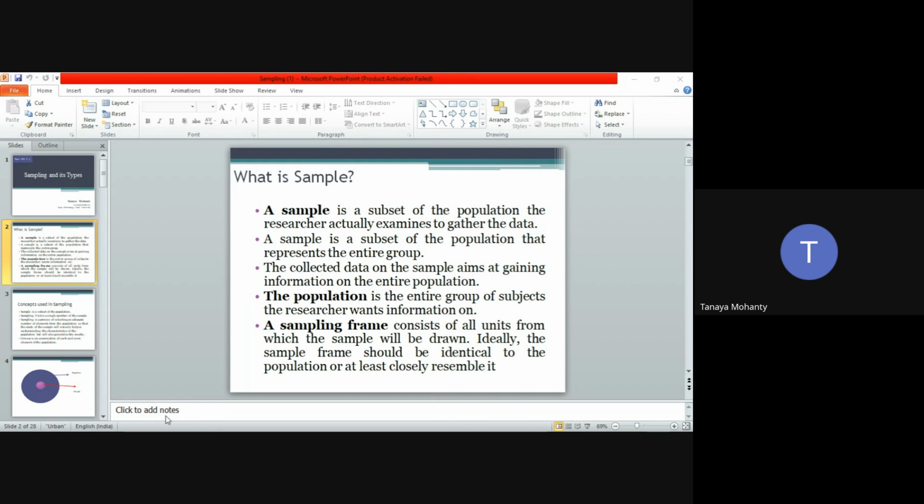The attendance register actually has the list of all the students enrolled in this batch. So maybe say there are 100 students enrolled, and out of them I am trying to conduct a study on at least 10. So those 10 constitute my sample, 100 is my universe, and my attendance register comprises my sampling frame. Got it?